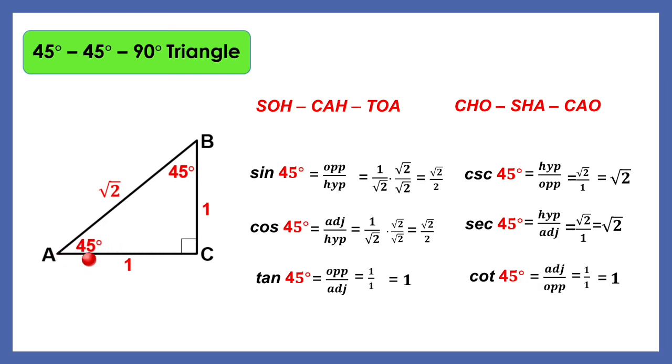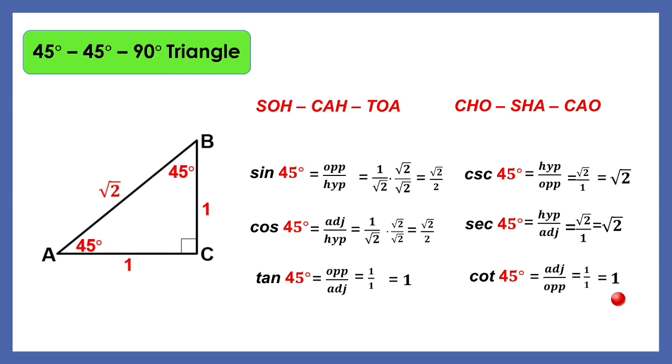This is our reference angle. Adjacent is 1, opposite is 1. So, 1:1 equals 1. Ayan. So, nakuha na natin yung mga trigonometric ratios ng special angles na 30 degrees, 60 degrees, at 45 degrees.